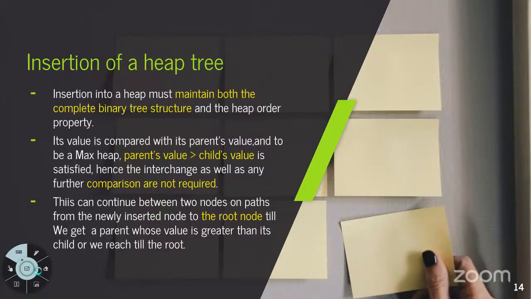Always we need to compare with the parent node only. How to insert? Where do we need to insert? According to max heap, according to min heap, I will give. The properties are different for max heap and different for min heap. I will give those in the next level, in the last level, in tomorrow's class.